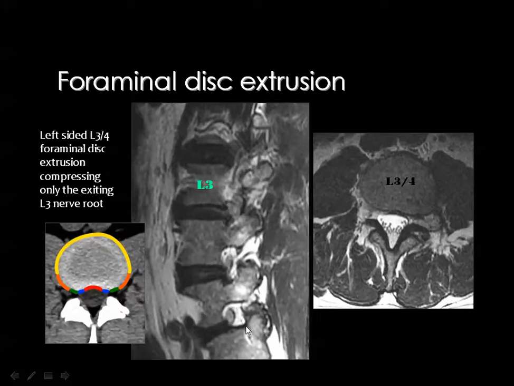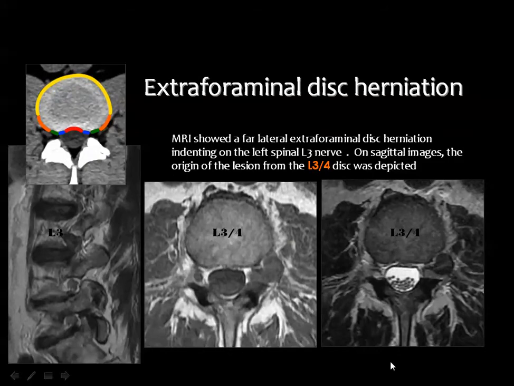This is normal foramen, and this is normal foramen, and this is not normal foramen. The foramen is totally occupied by the disc material, which is seen here, and this is known as foraminal disc herniation.